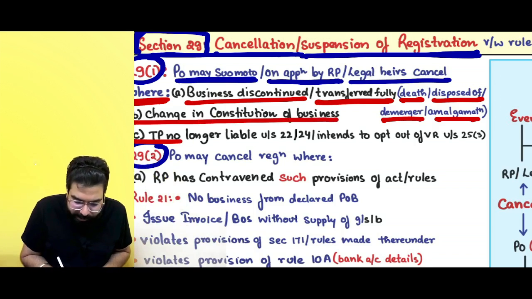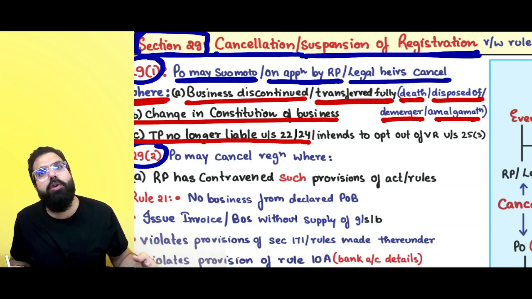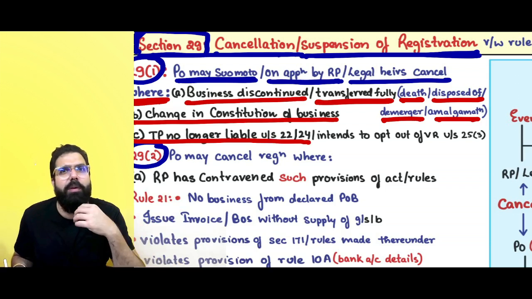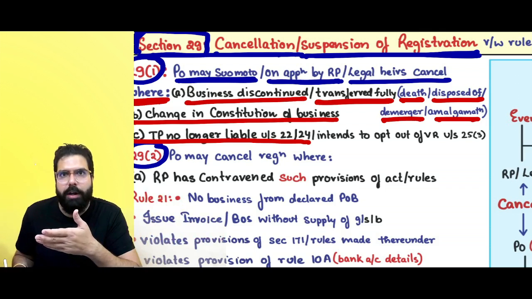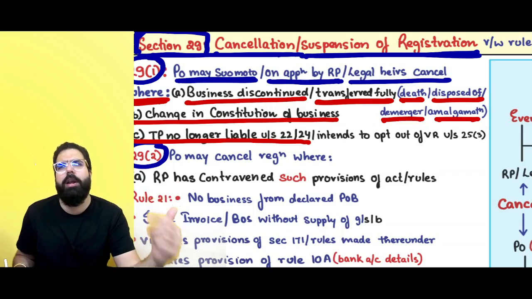Next, taxable person is no longer liable under section number 22 or 24. Section number 22 may, now they have introduced section number 23.2 may, they have issued a notification saying exclusive, not now, prior only they have put this notification saying 40 lakh limit is there. So your limit will never cross 40 lakh, so you can go ahead and apply for cancellation.